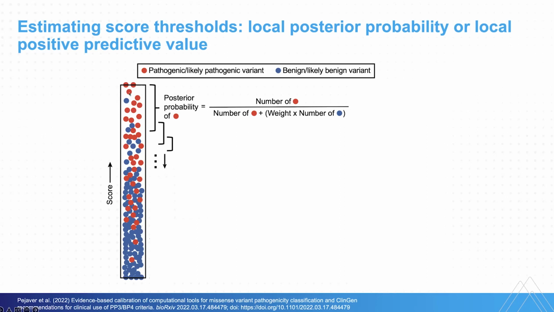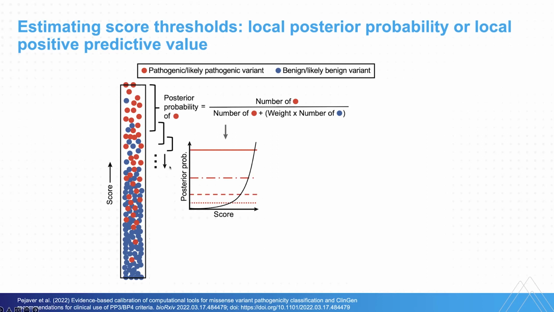Then for each score, you take a localized window and compute the fraction of pathogenic variants in that window. There are some adjustments that account for the prior, but essentially you keep doing this in overlapping windows, working your way from the highest score to the lowest. That way you generate for each score a local posterior probability value on the y-axis, with the score on the x-axis.